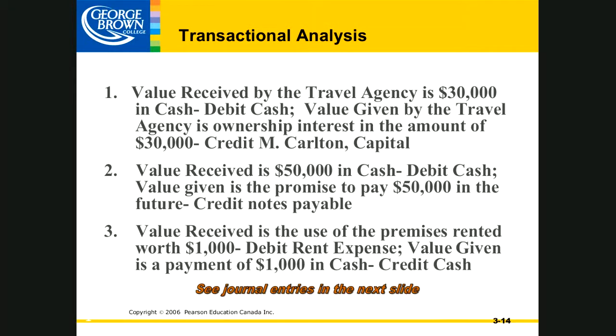And our last example here, what was it? We paid rent. Okay, so we paid rent. We used cash. We pay an expense, and the expense is increasing, our rent expense. So we debit our rent expense by $1,000 because that's how we show the amount of the cost is increasing.